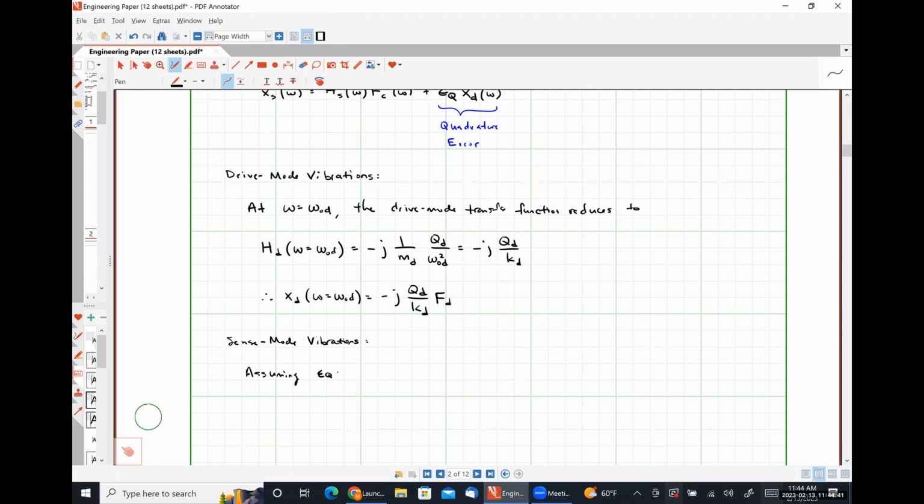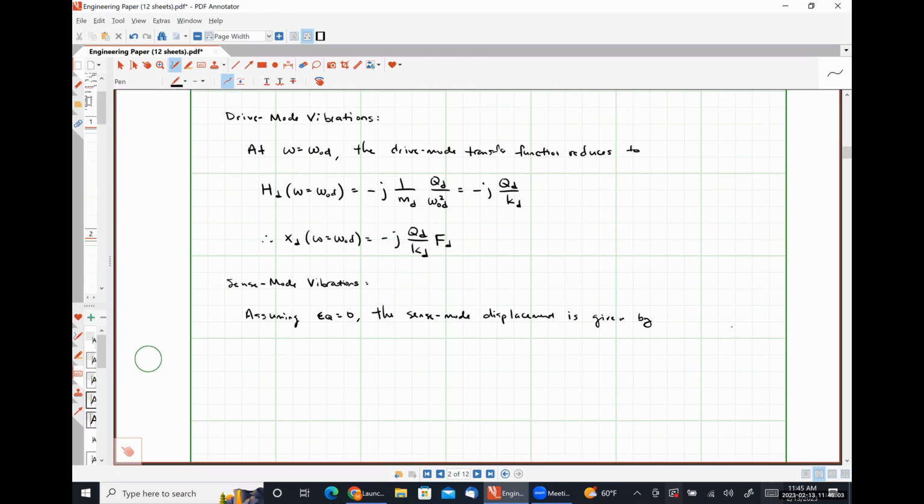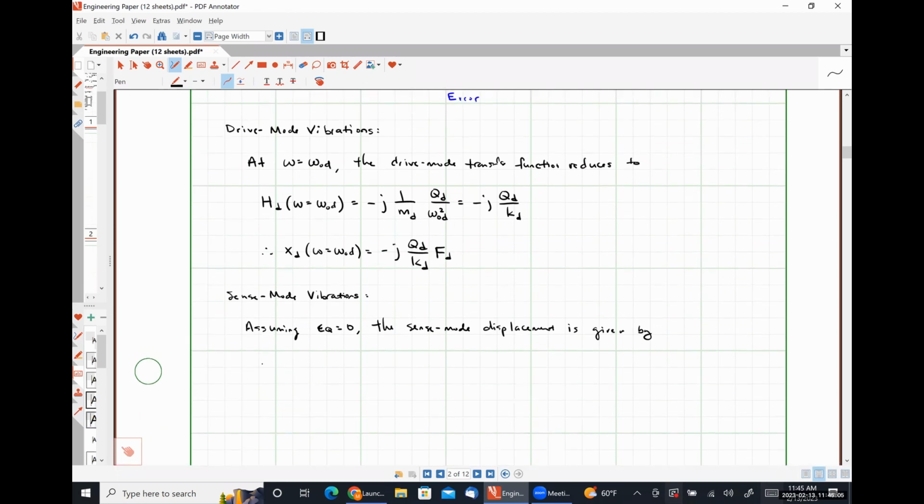So assuming epsilon q is equal to 0, the sense mode displacement is given by xs as a function of omega will be equal to hs of omega times our Coriolis force.